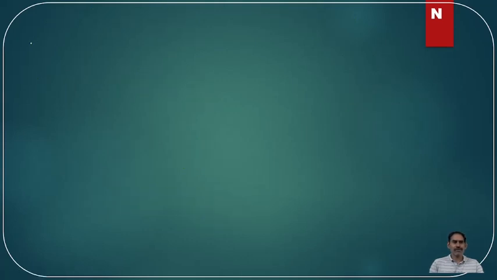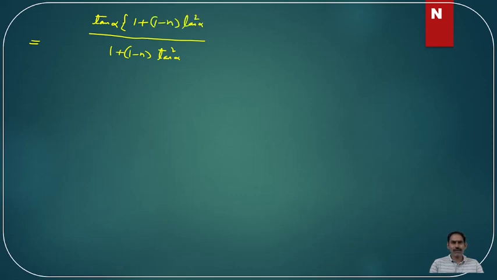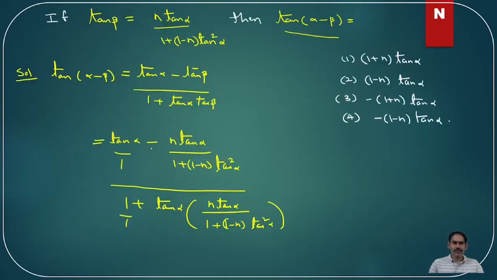So numerator: tan alpha into 1 plus 1 minus n into tan square alpha, next minus n tan alpha.